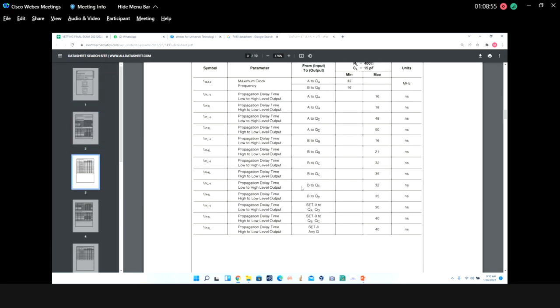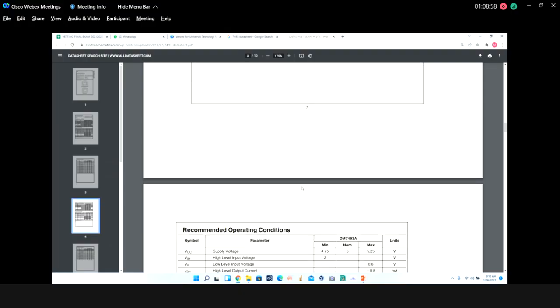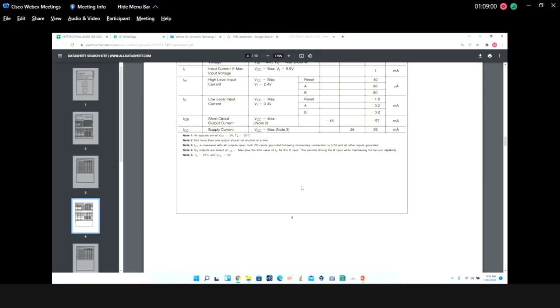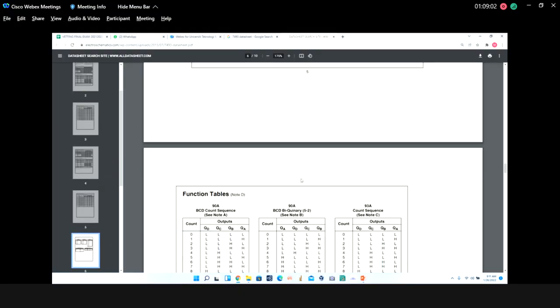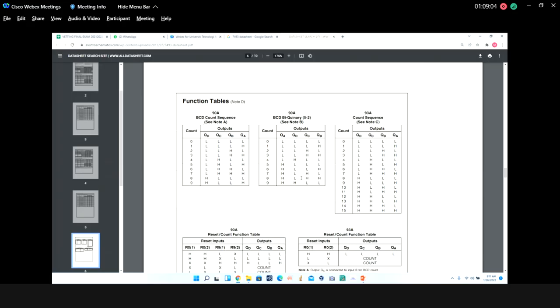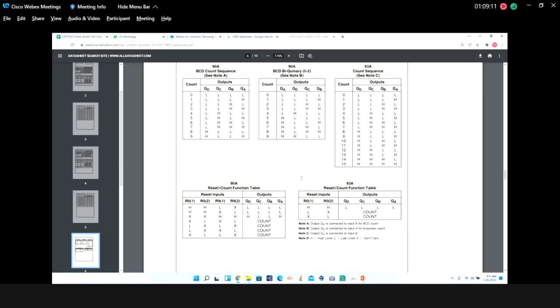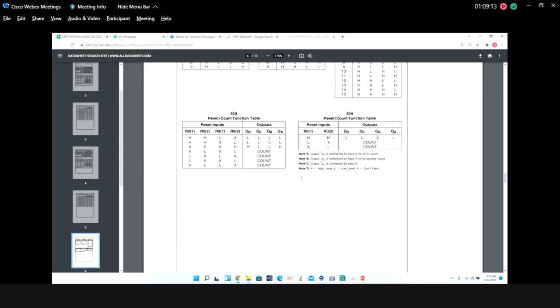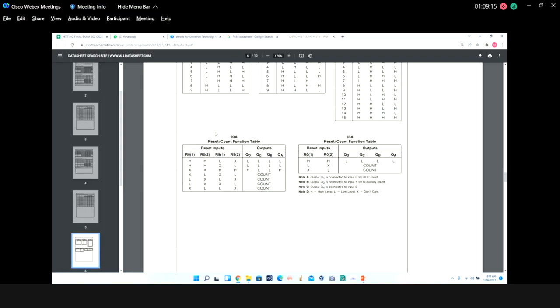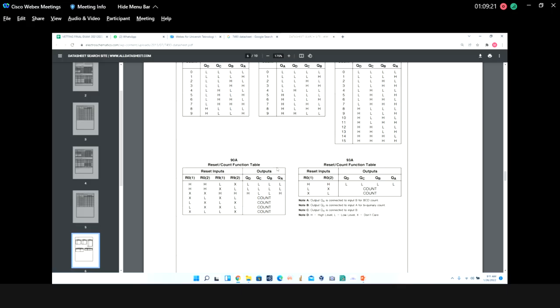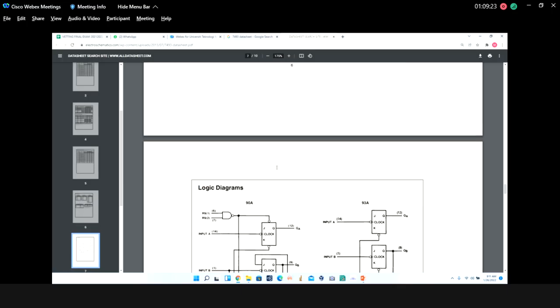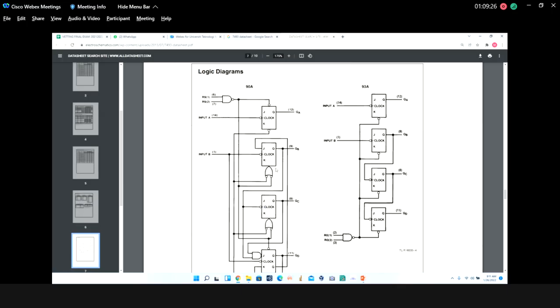A moment, please. Oh, that one is reset, the reset for preset and clear.